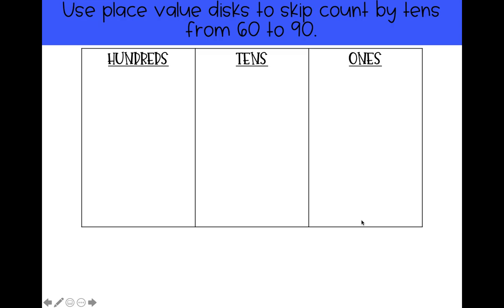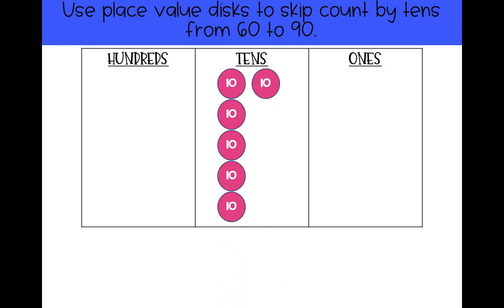Let's use place value discs to skip count by tens from 60 to 90. If we're skip counting from 60 to 90, what number do we need to show on our place value chart first? That's right, we need to show 60. How do we show 60 using place value discs on our chart? Very good, we need 6 tens.